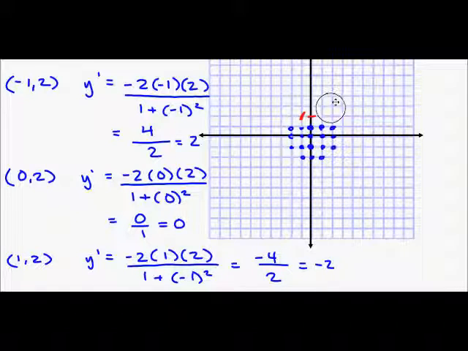Okay, so -2 slope looks like that. Okay, so I have my first 3 done here. I'm going to pause. I'm going to keep drawing these and come back with more of these done for you.